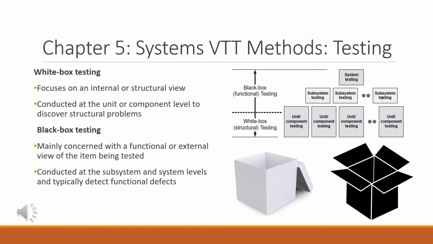Furthermore, white box testing is usually conducted at the unit or component level and tends to discover structural problems, and black box tests are usually conducted at the subsystem and system level and typically detect functional defects. Let's take a look at a type of white box testing, component coverage testing.